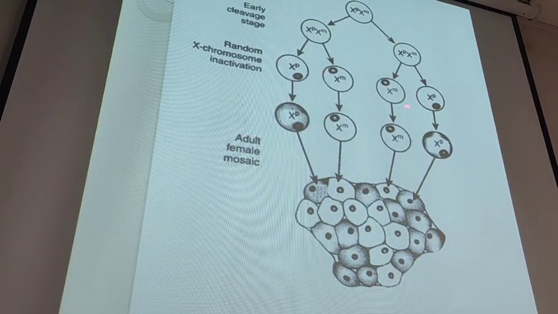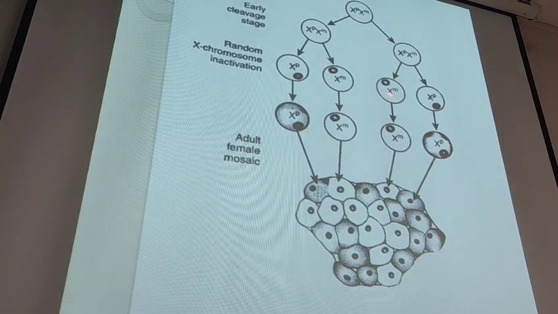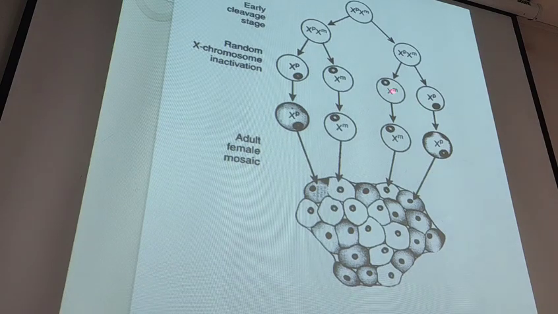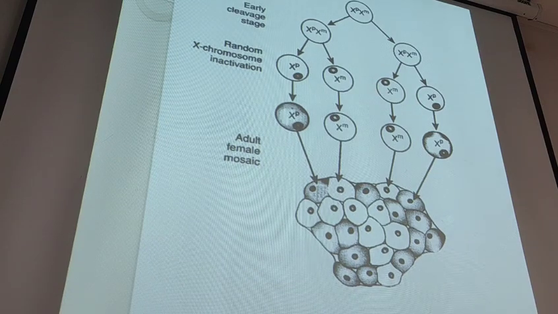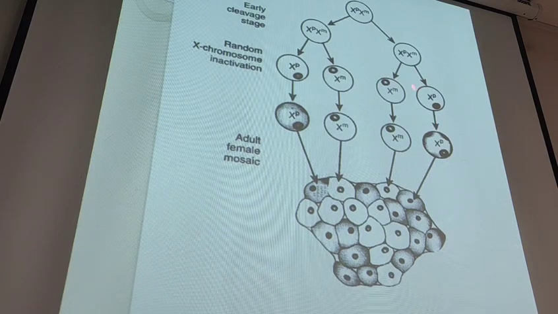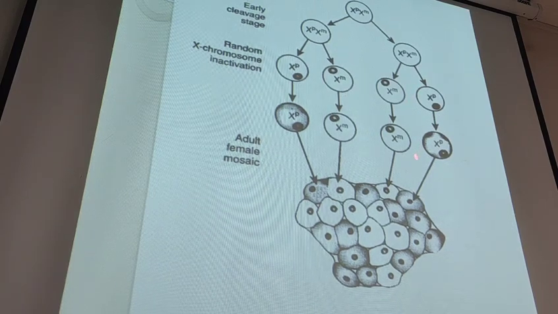In this cell also the same. Maternal chromosome is active, it means it produces the protein, it expresses the genes, but the paternal chromosome is inactivated. In another cell, paternal is active, maternal is inactive.